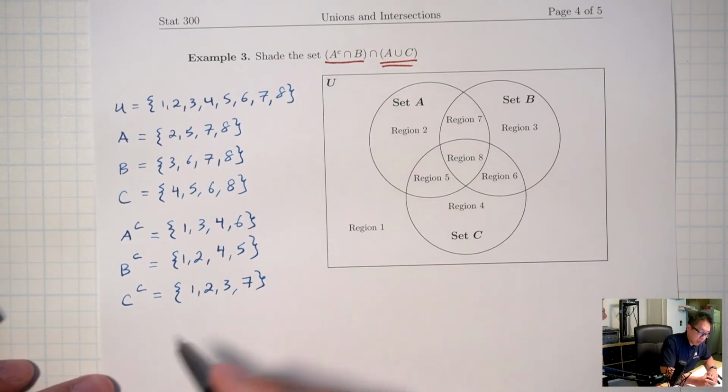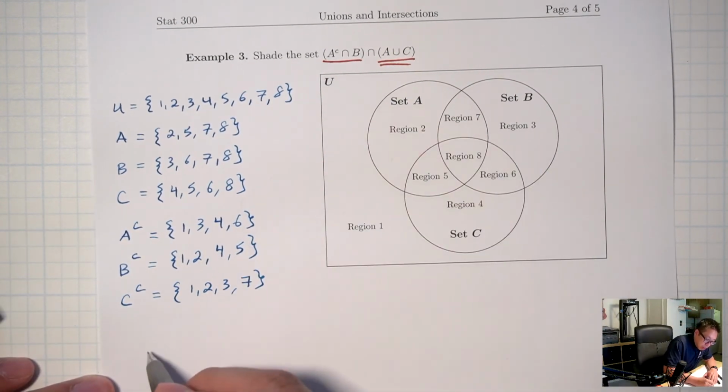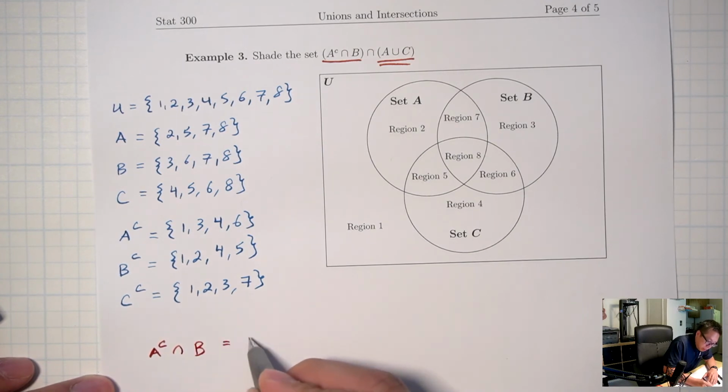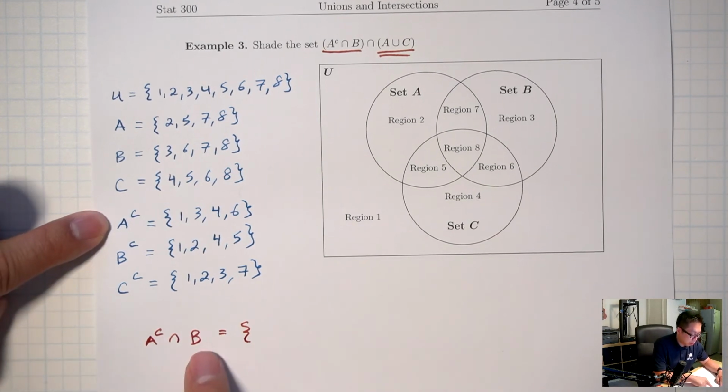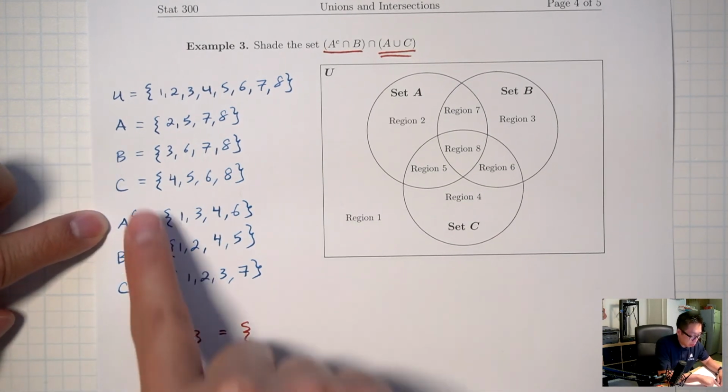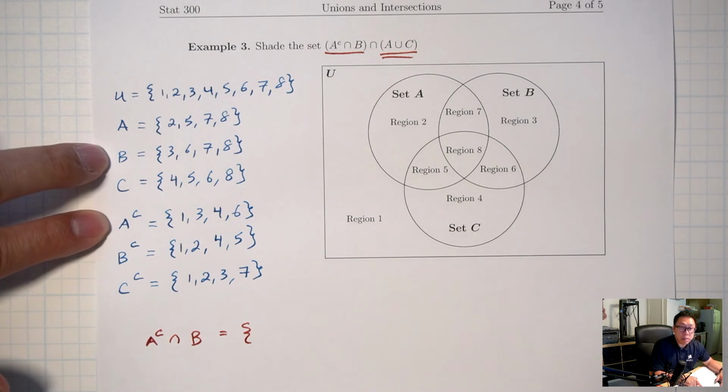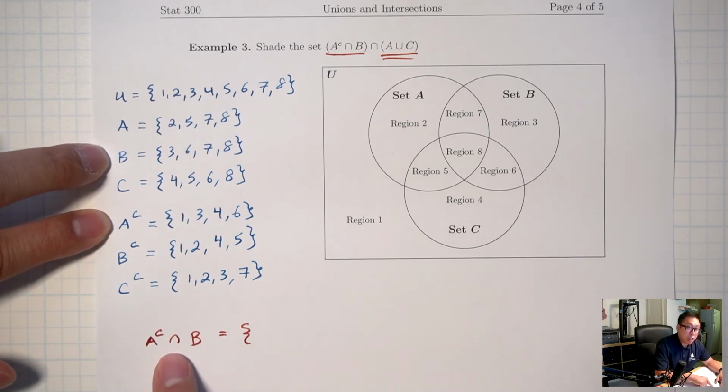Okay, so the set on the left is A complement intersect B. And let's write out what this is. A complement is right here, regular B is right here. So we're looking at these two sets. I want the intersection, so think to yourself, is this the one where you combine them and get a bigger set, or is this the one where you find the overlap?